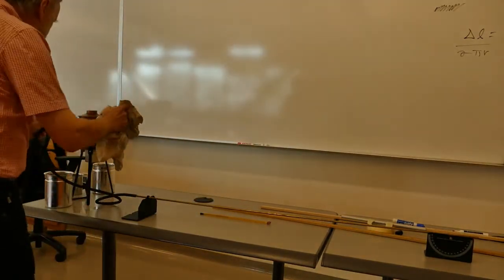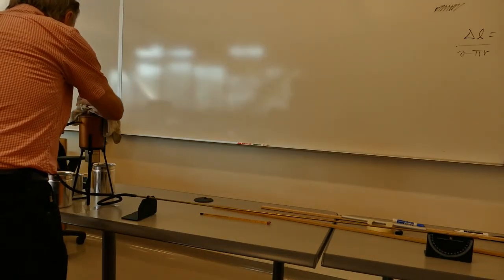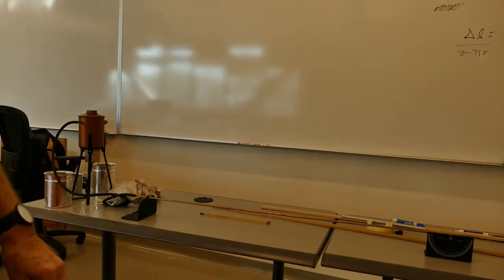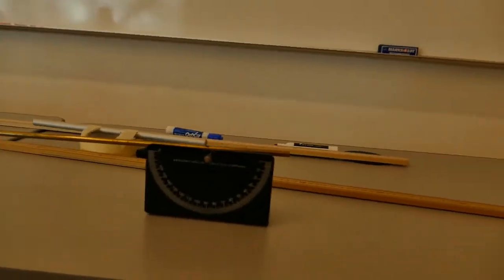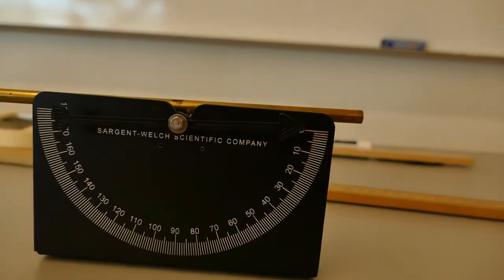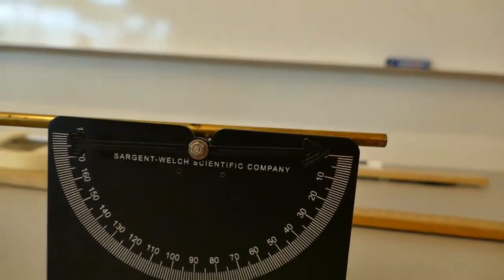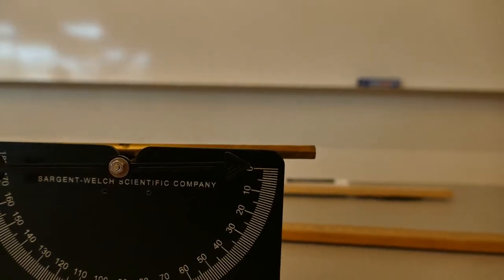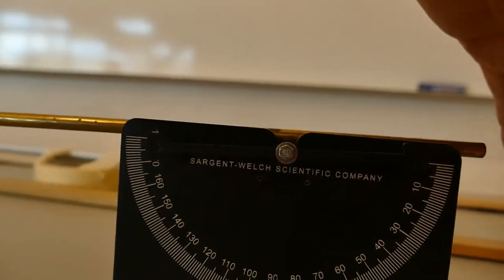Okay, I'm going to plug the hose into the boiler and bring the camera over to the pointer. I don't see the steam coming out. There should be steam coming out.